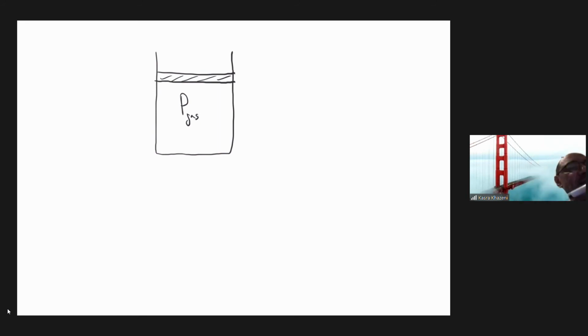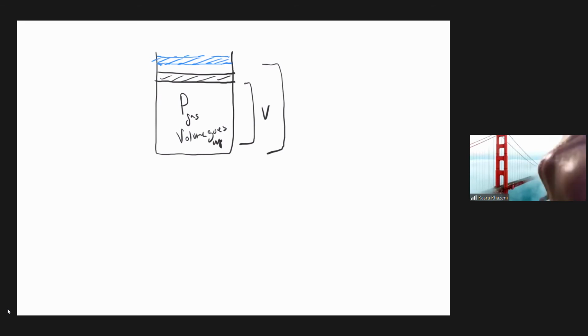What I mean by that is that the volume of the gas goes up. So let's say initially you have this volume, and then later on the volume changes, so it changes the position of the piston, and this is your V plus a little bit of change in volume. This is the new volume. Okay, a little bit of change.